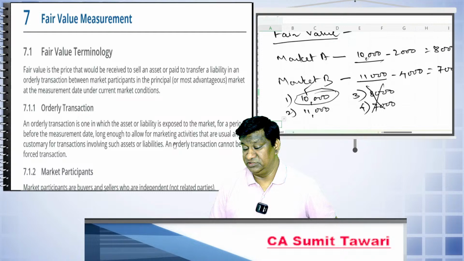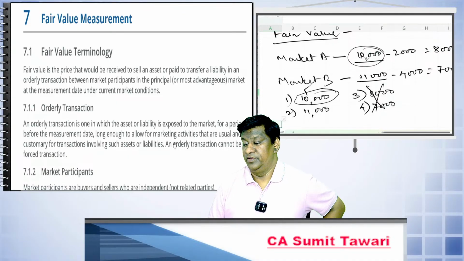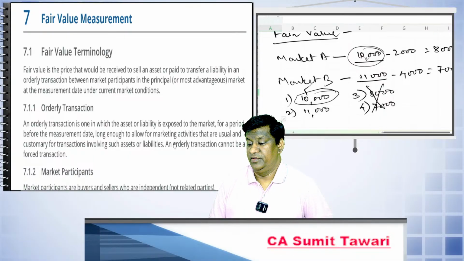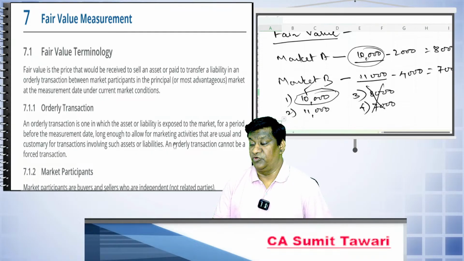Would that be your logic? If you compare 10,000 and 11,000, on a conservative basis you want to use 10,000? Yes, sir, because fair value is the expected value, so better to take the lowest. According to me. Okay, understood, but that is not the logic behind it.